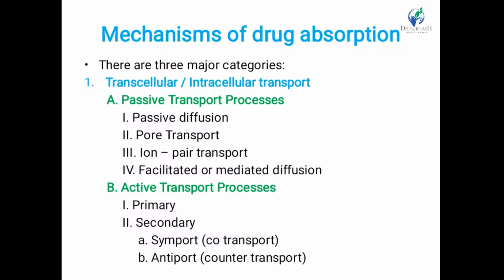Passive transport includes passive diffusion, pore transport, ion pair transport, and facilitated or mediated diffusion. Active transport includes primary and secondary transport processes, in which secondary transport is further divided into two, symport and antiport process.